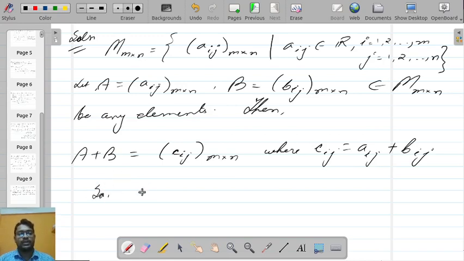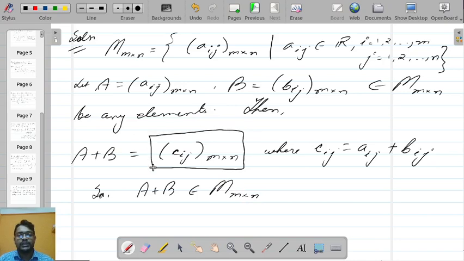So by definition itself, A plus B is a member of m by n only, because we have defined this to be an m by n matrix only. cij equal to aij plus bij also belongs to the real numbers, because the set of real numbers itself is closed with respect to addition. So these entries of A plus B belong to the reals.